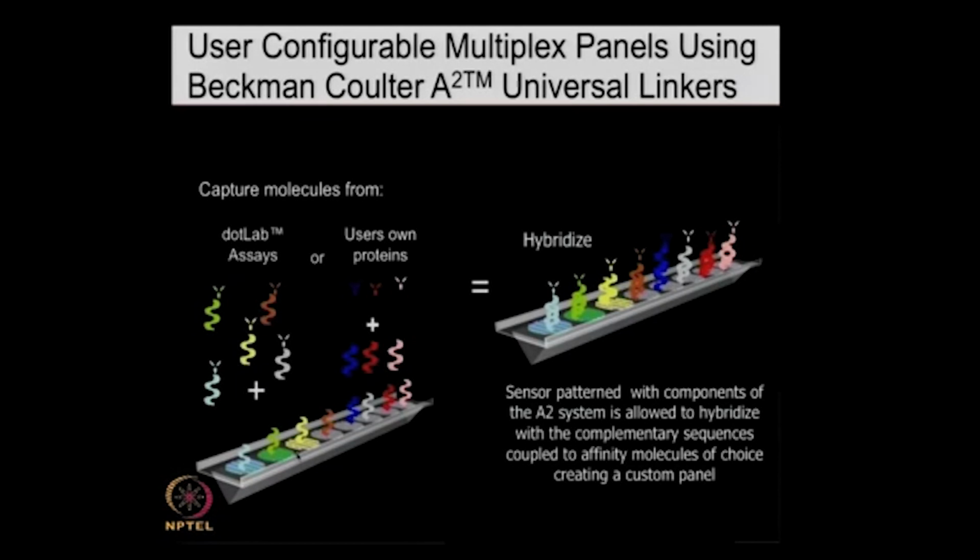in collaboration with Axela, the company, is to use what's called the Beckman-Coulter A-squared linkers, which are short snippets of DNA that they created in order to bind to proteins, but are distinct enough so that each snippet is on one location.